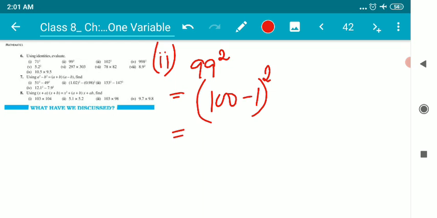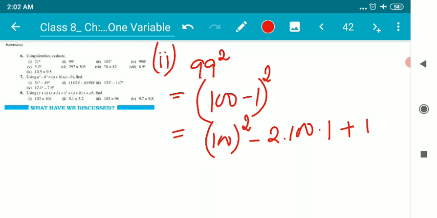So we can simply apply the formula of a minus b whole square here. The formula is a square means 100 square, because 100 is behaving like a and 1 is behaving like b, minus 2, a means 100, b means 1, plus b square.